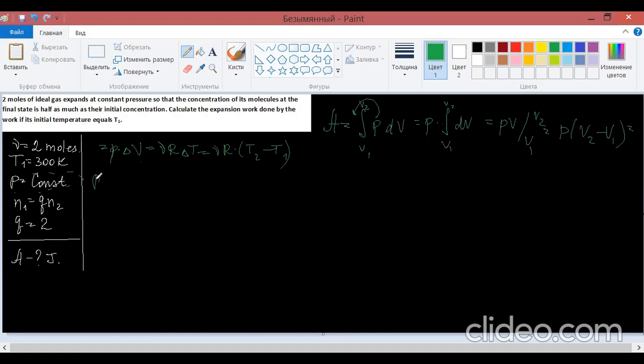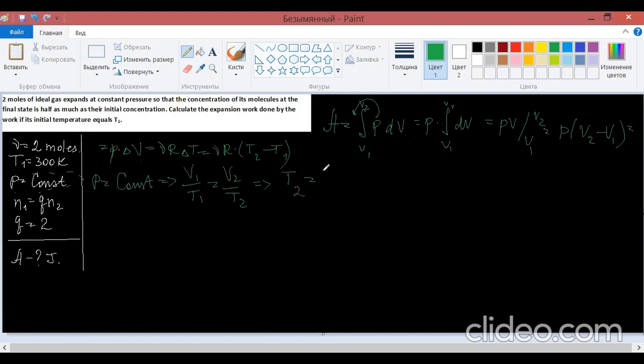Now, we see that P is constant, it remains constant, and that means one thing: V1 over T1 is equal to V2 over T2, yeah? Okay, and we can express T2 from this proportion.